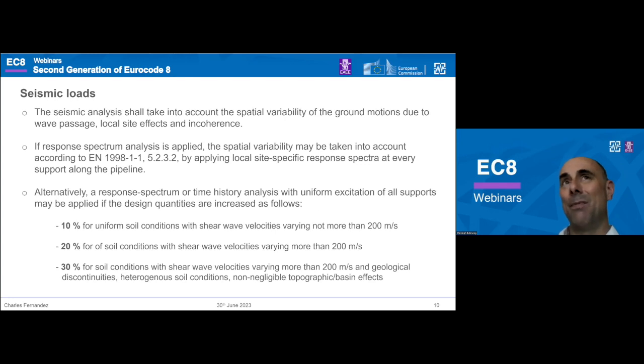And if we have really discontinuities, heterogeneous soil conditions, so jumping the stiffness of the soil, then we have to take it into account with 30%.